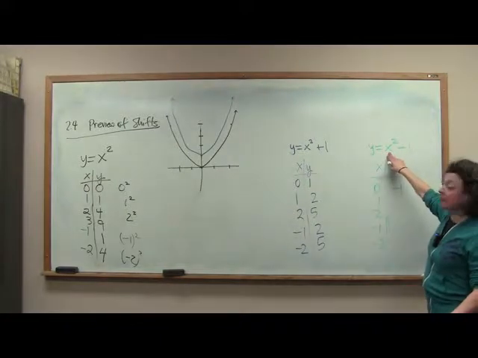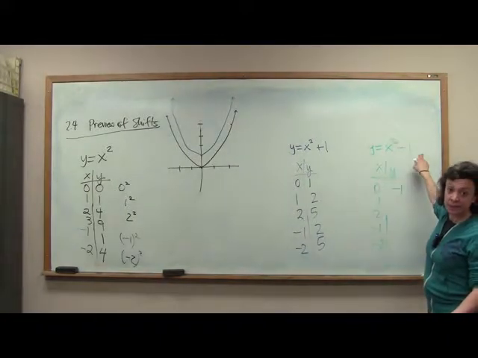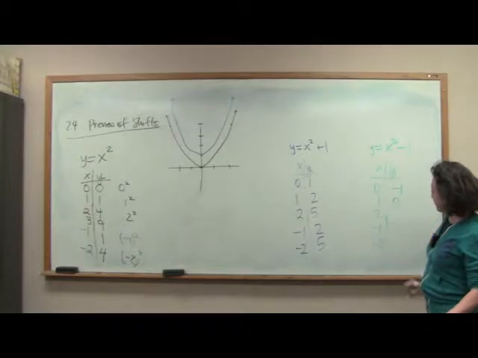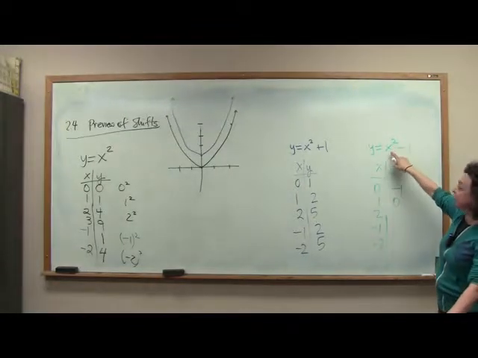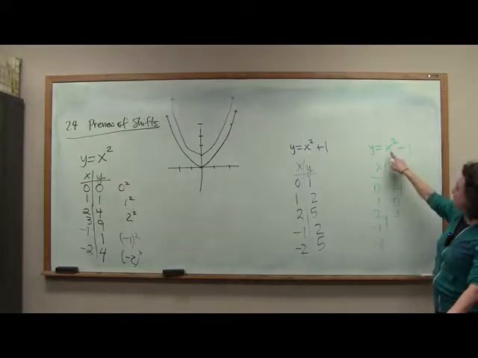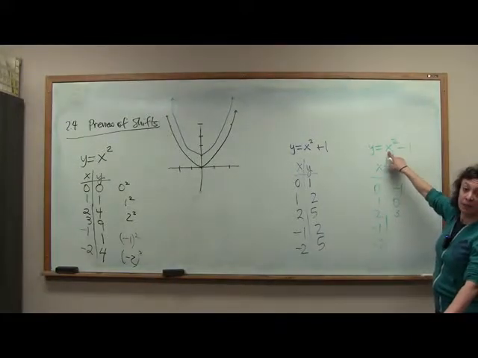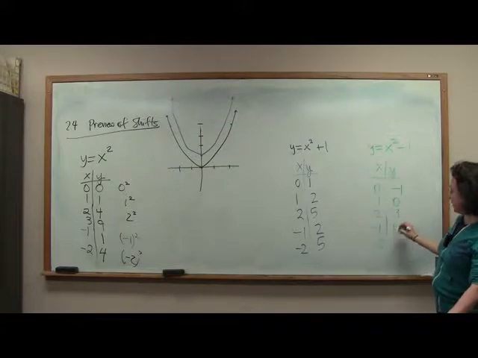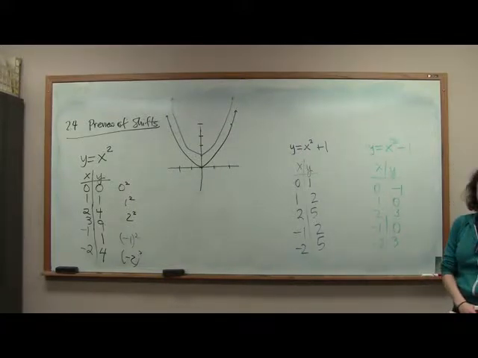If I plug in 1, 1 squared is 1, but 1 take away 1 is 0. If I plug in 2, 2 squared is 4, minus 1 is 3. And notice, when I square negative 1, I get a positive 1, minus 1 is 0. And negative 2 is also going to take me to 3.